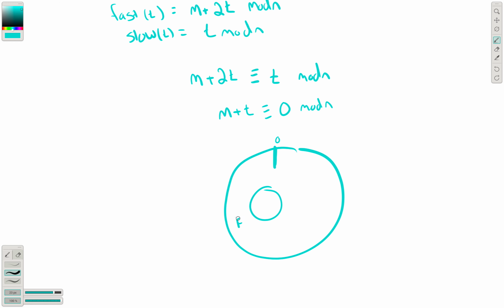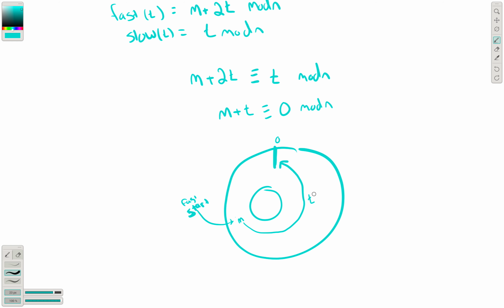This is the faster guy's starting point, which is also m. I should have changed that. I'll make that m. So that's m. So what it's saying is this is the amount it needs to go. It needs to go t to catch up to it.